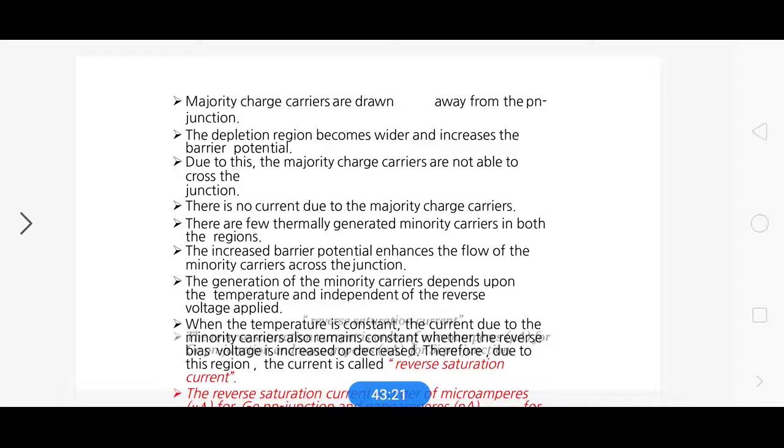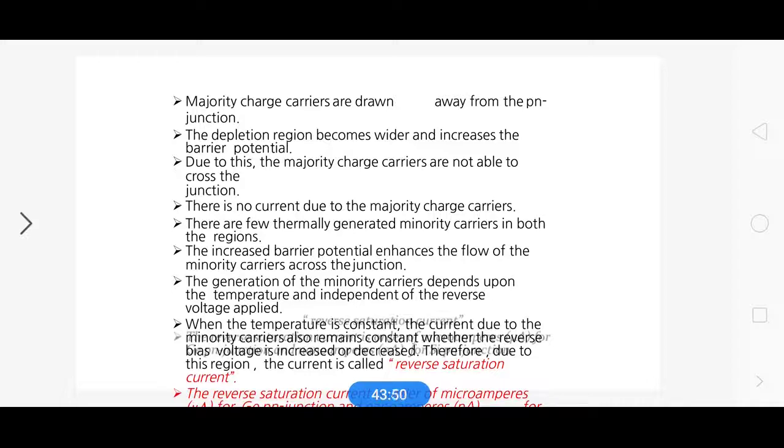If the temperature increases, then the minority charge carriers also increase. Some covalent bonds will break, and there is a possibility for minority charge carriers in the PN diode in the reverse bias, and due to the minority charge carriers, some current will be generated.